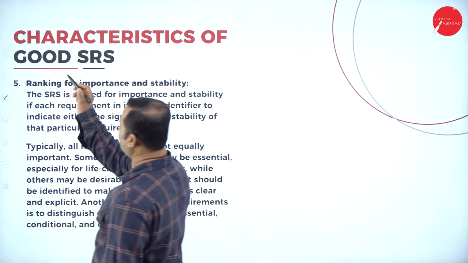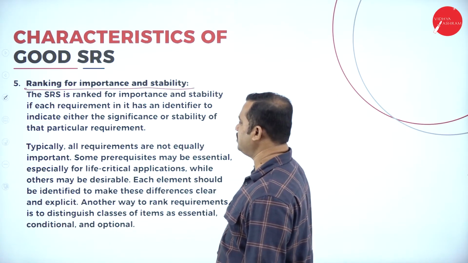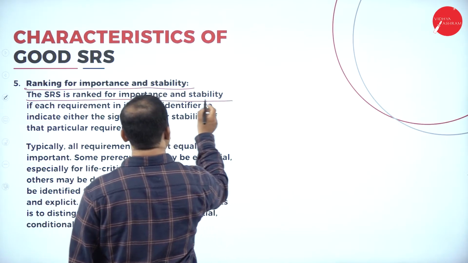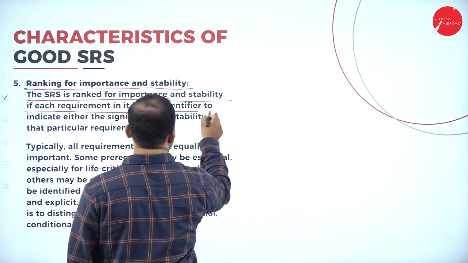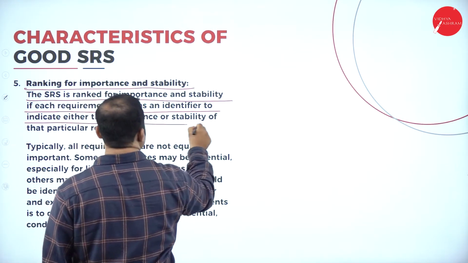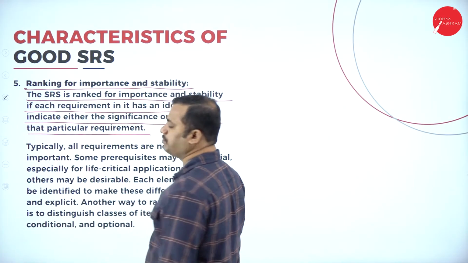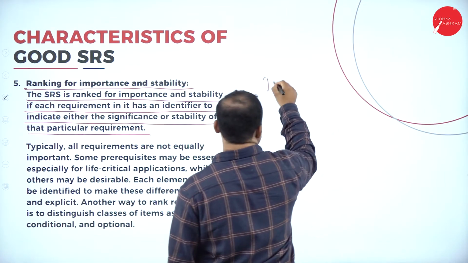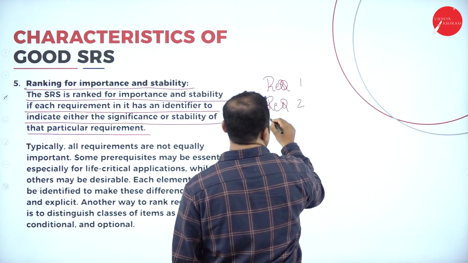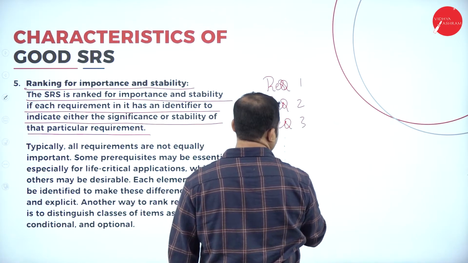Which is the fifth characteristic? Ranking for importance and stability. What is the meaning of ranking? This SRS is ranked for importance and stability if each requirement in it has an identifier to indicate either the significance or the stability of that particular requirement. Suppose the client has some requirements, that is requirement 1, requirement 2, requirement 3, and so on till requirement n.